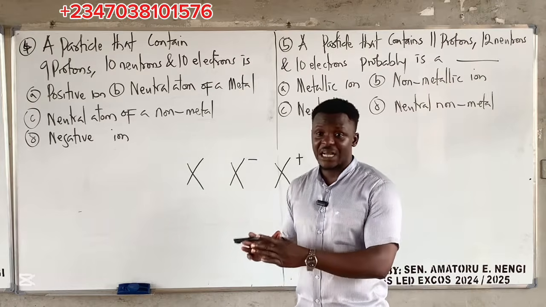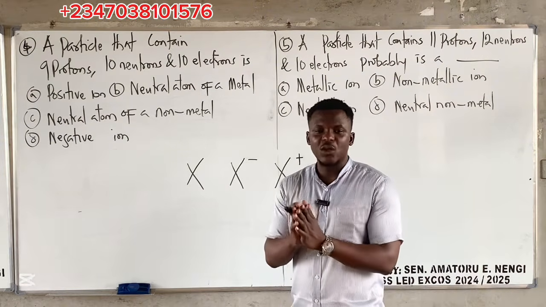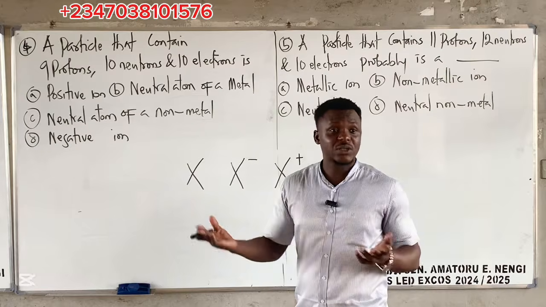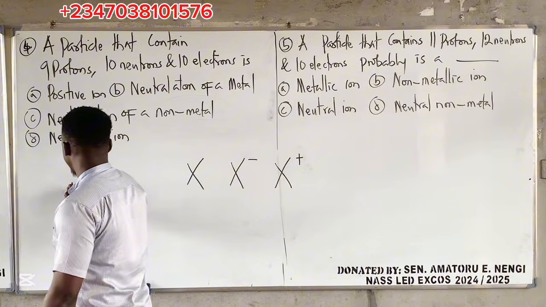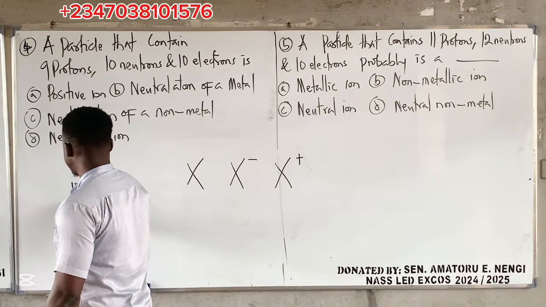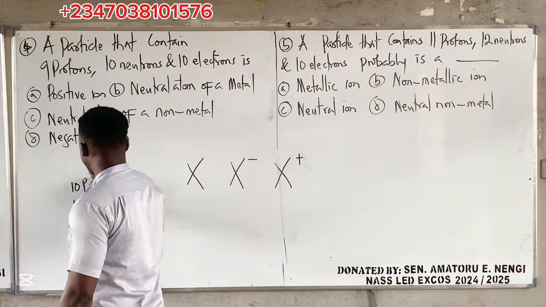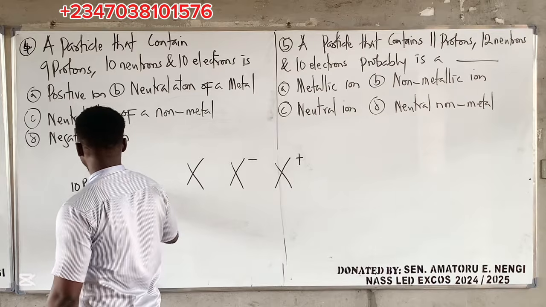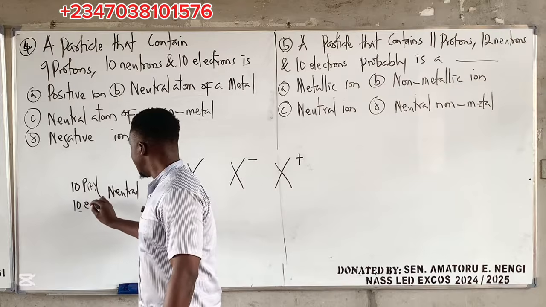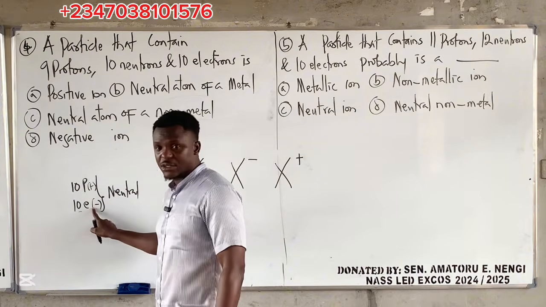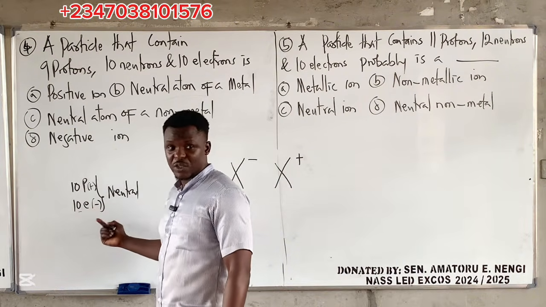Protons are positively charged, you know so? So when both of them are equal in number, they will cancel out each other, right? So if I have 10 protons and 10 electrons, that atom will be neutral. Because the proton, which is a positive charge, is the same as the electron, which is a what? Negative charge. So they will just cancel out.